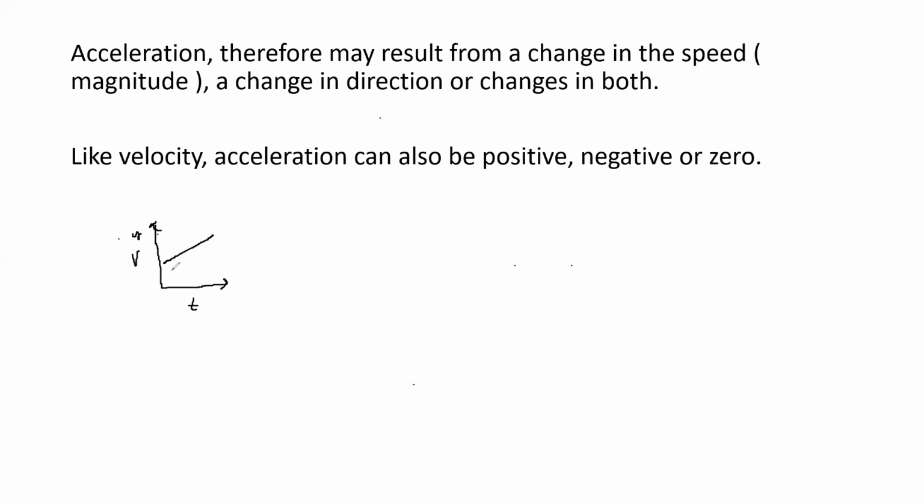If the body is moving with uniform positive acceleration, the nature of the graph is something like this. Next, if the body is moving with uniform negative acceleration, students, we can denote it as something like this. So this is negative acceleration.